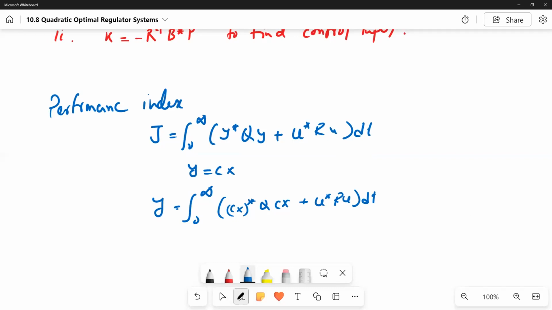This is the necessary theory for solving the linear quadratic optimum control problem.